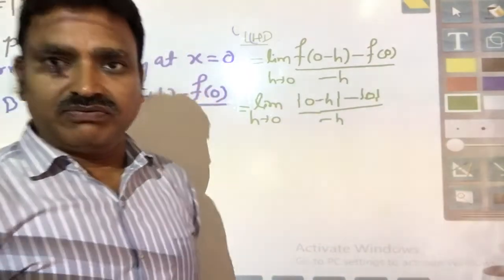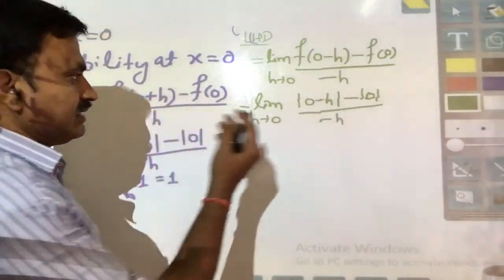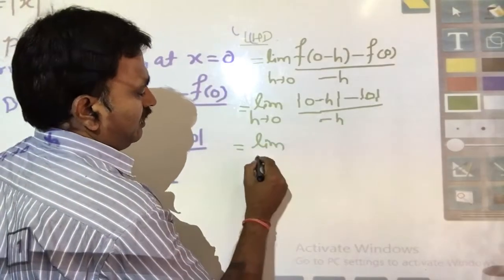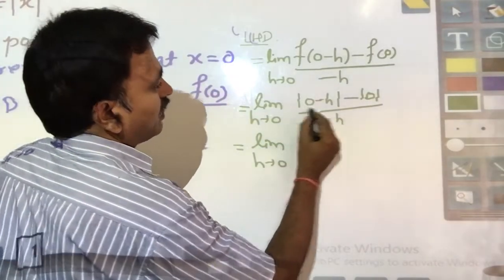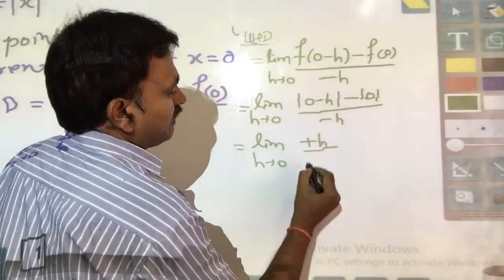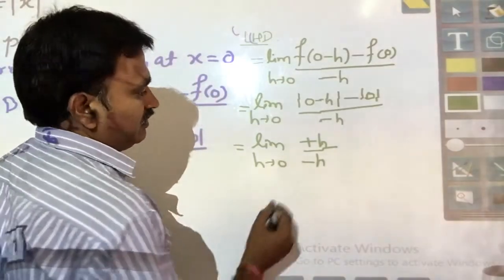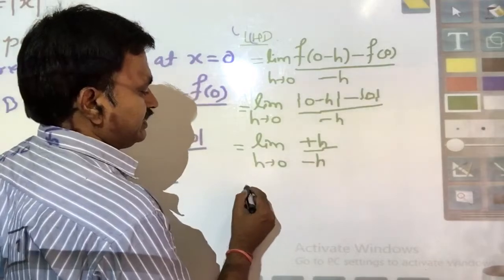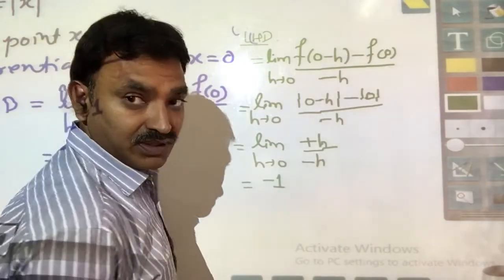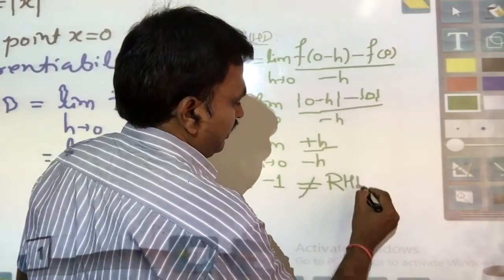According to the definition of mod, mod 0 is 0, h is a positive number, minus h is negative, but mod of minus h is plus h. So the limit as h tends to 0 of plus h divided by minus h. When we calculate it, the answer is equal to minus 1, which is not equal to the right hand derivative.